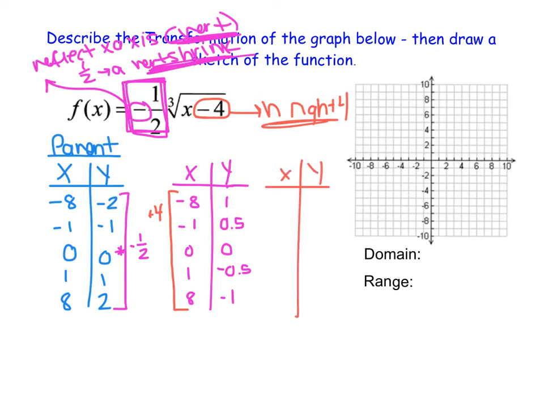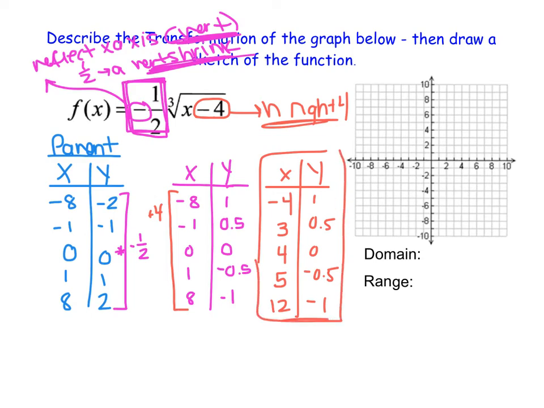So as I do that, I do -8 plus 4 is -4, -1 plus 4 is 3, that becomes 4, 5, and 12. Then my y values here do not change, as they've already been changed as they needed to. So here I have my final table for my child graph.